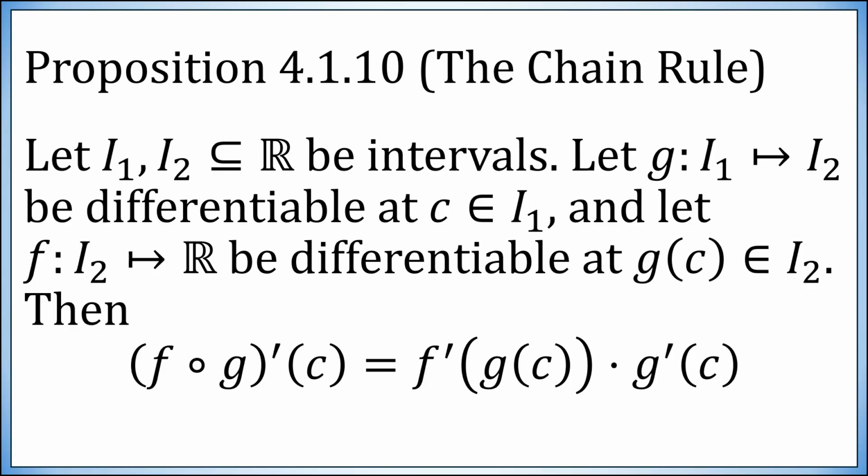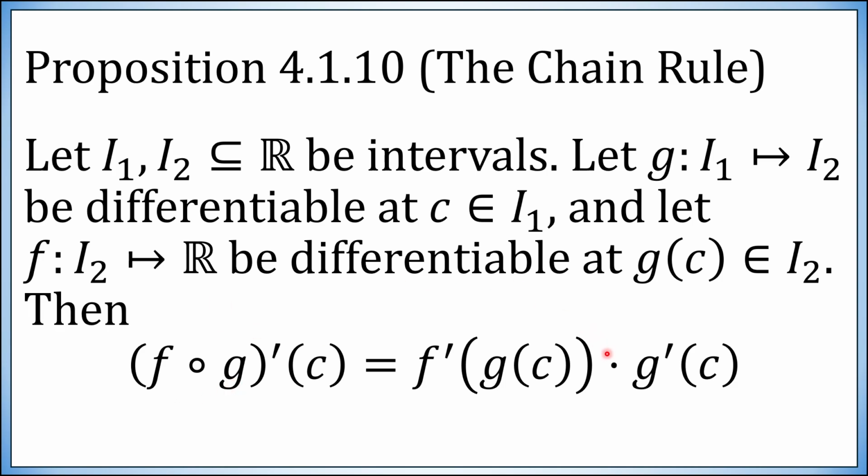Now earlier we mentioned that the derivative of the product f times g is not f prime times g prime. That's the naive product rule, so to speak. The chain rule is where that actually happens. Here we have f prime at some point times g prime at another. So you do end up with this product of derivatives, but it's not when you take the derivative of a product, it's when you take the derivative of a composition.